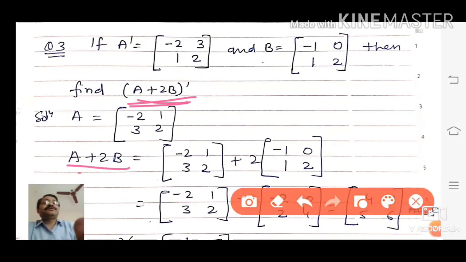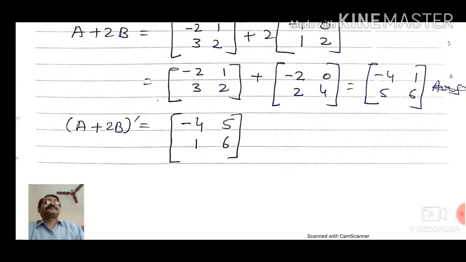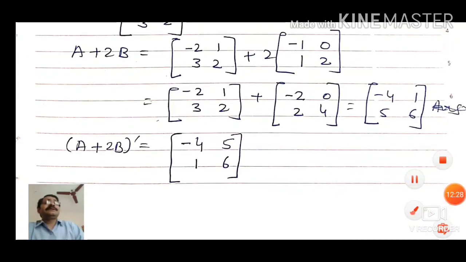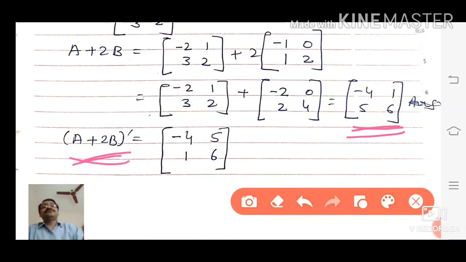First you find A plus 2B, this is 2B, you solve this and you get this part. This is A plus 2B, and now you have to find (A plus 2B) transpose. So transpose, first row to first column.